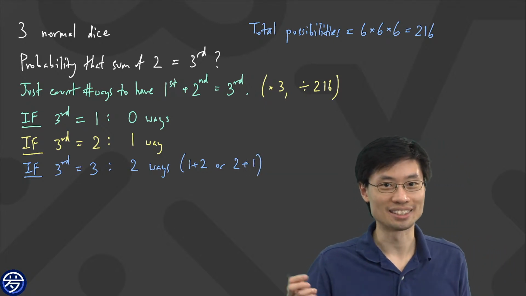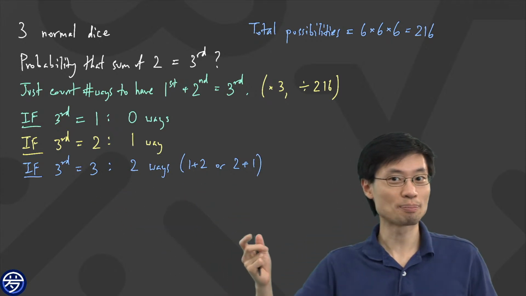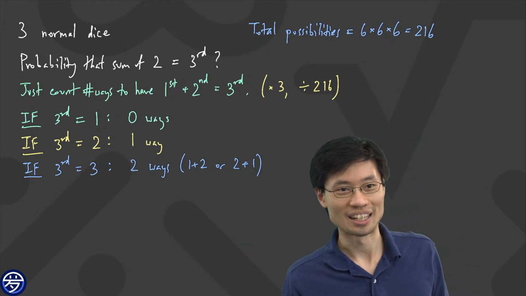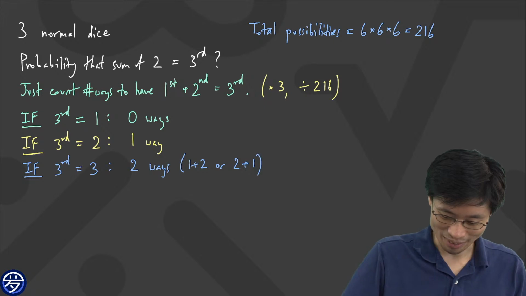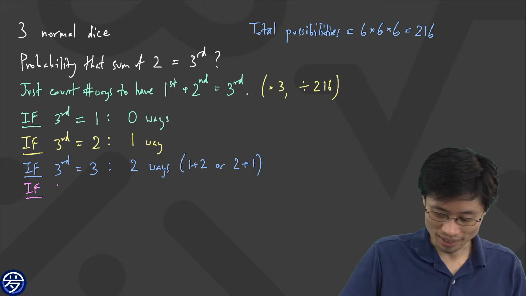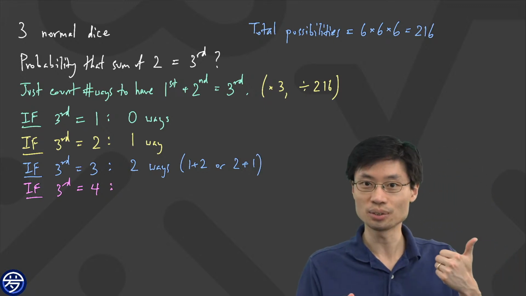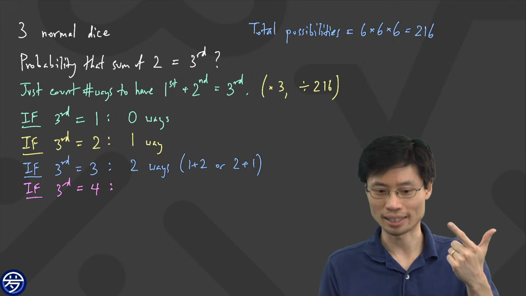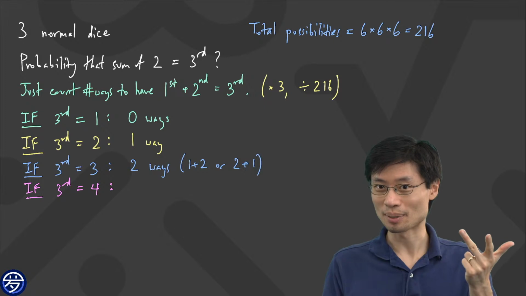Are people seeing a pattern? If I have a 0, a 1, and a 2, then the next one must be 3, right? So it's always plus 1. Always one more way. It always makes sense. Okay, so if the third is equal to 4, it's either going to be 1 plus 3 or 2 plus 2 or 3 plus 1.